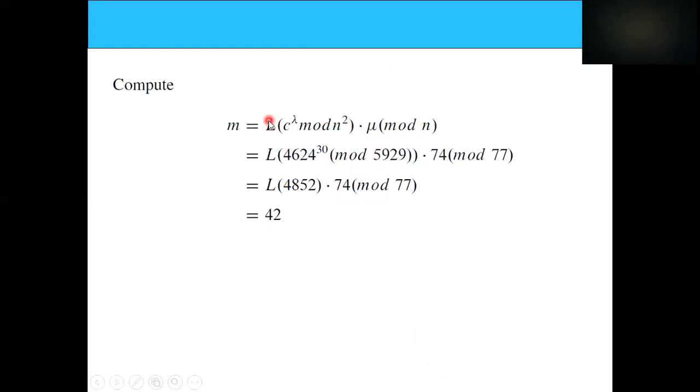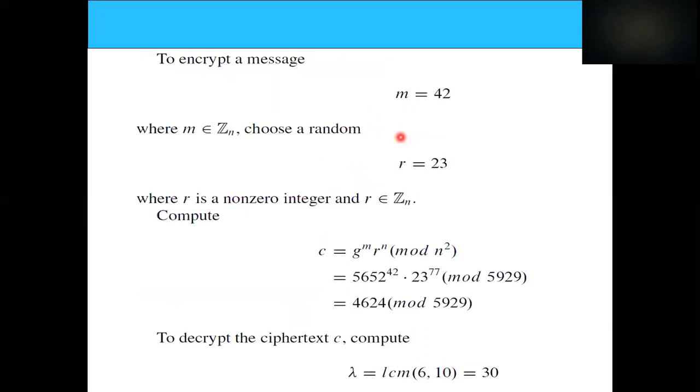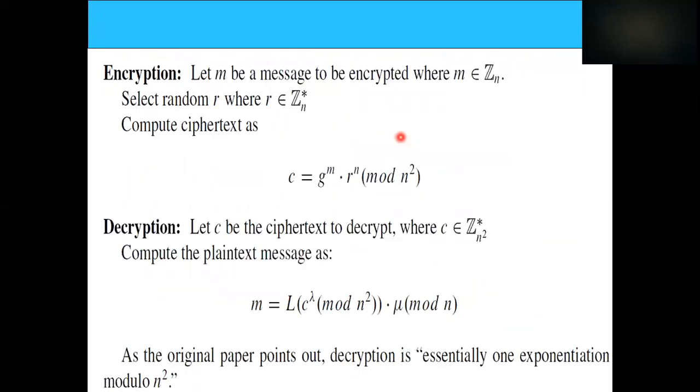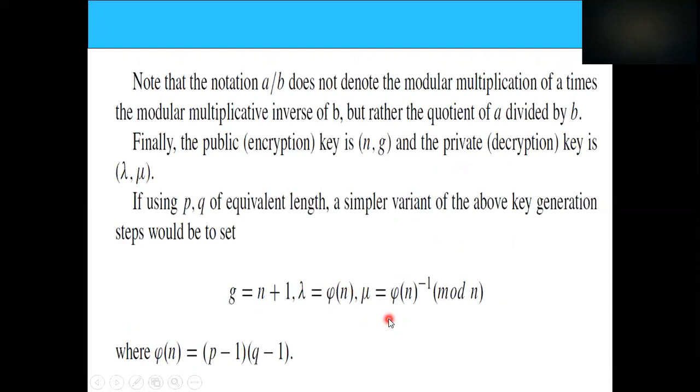So ultimately my plain text m is L of c to the power lambda mod n square into mu mod n. If you go back to your slides, this is my mu here. So how can I get mu?